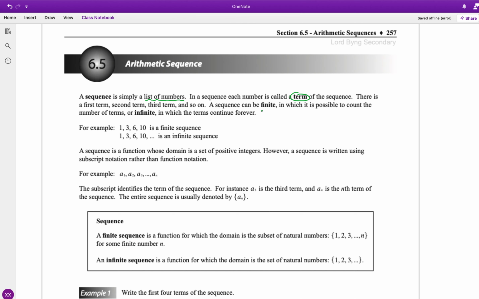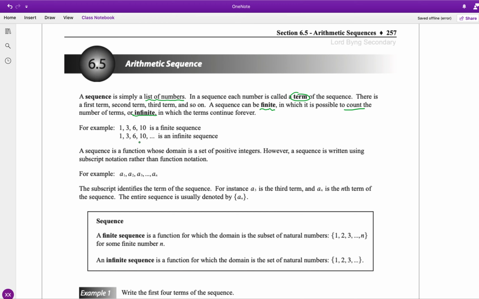A sequence can be finite, meaning it has a certain amount of numbers in it, so you can count how many terms are in the sequence. Or it could be infinite, which just continues forever. For example, this one has only 4 terms.